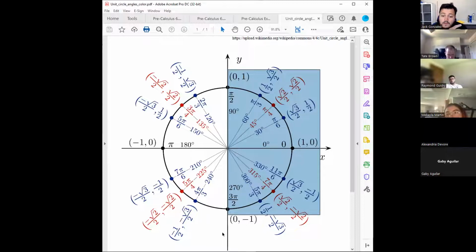So if I plug in, let's say, 30 degrees into sine, I get 1/2, right? That's what the unit circle tells us. It's the y value for sine. So sine 30 is 1/2. So inverse sine of 1/2 would tell you that happens at 30 degrees.